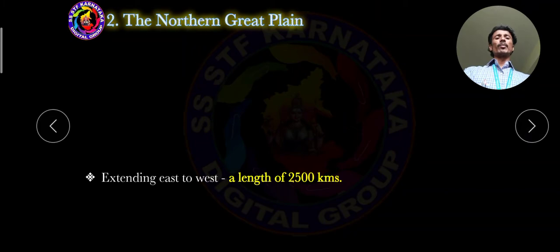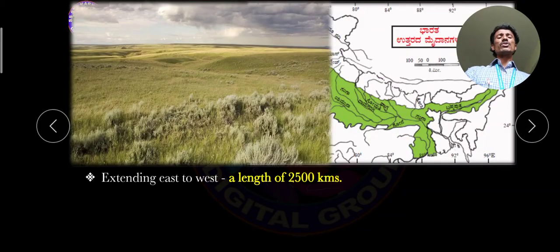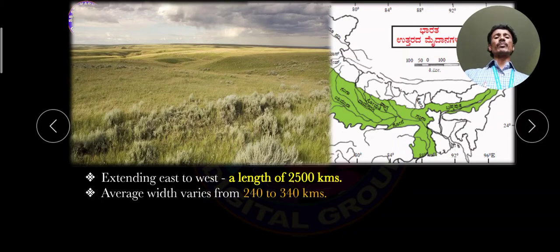The northern Great Plains extend east to west. So this is east and this is west. Then the length is 2,500 kilometers. What is the length of the northern plains? 2,500 kilometers.